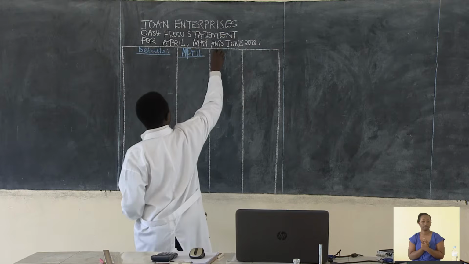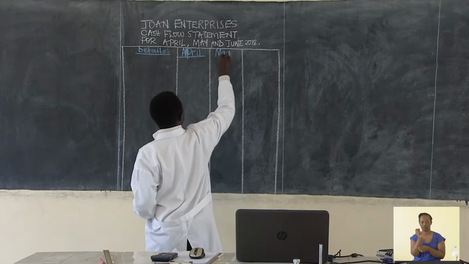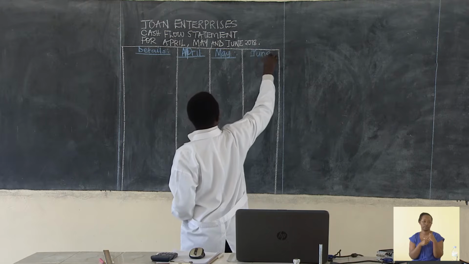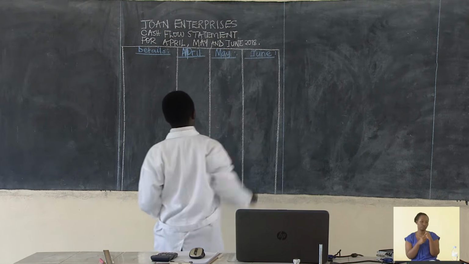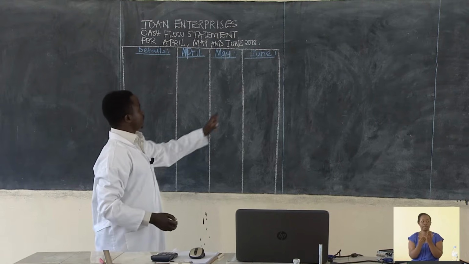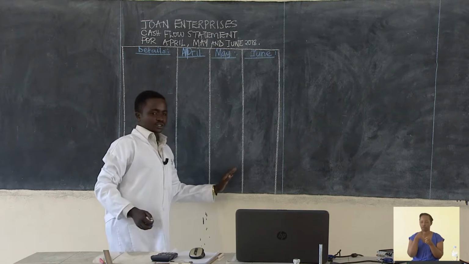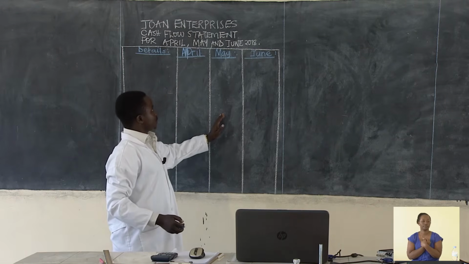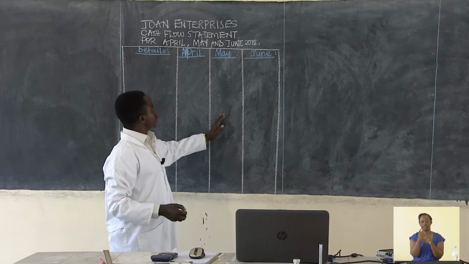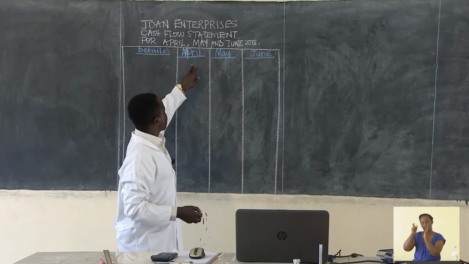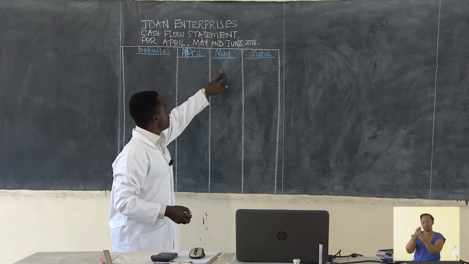Then this one is for May. Then this one is the column for June, our 3 months. If maybe they had asked us 2 months, then we would have stopped from this. We would have written this column, this, and this. But they have told us 3 months, so we have one column for each month: April, May, June.